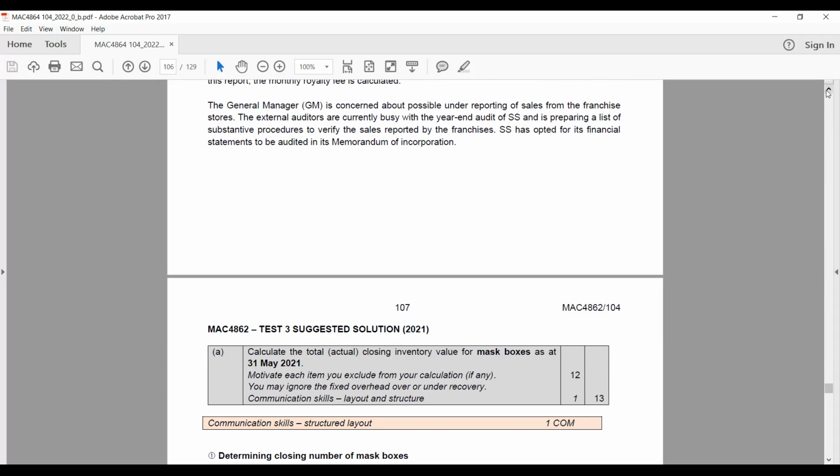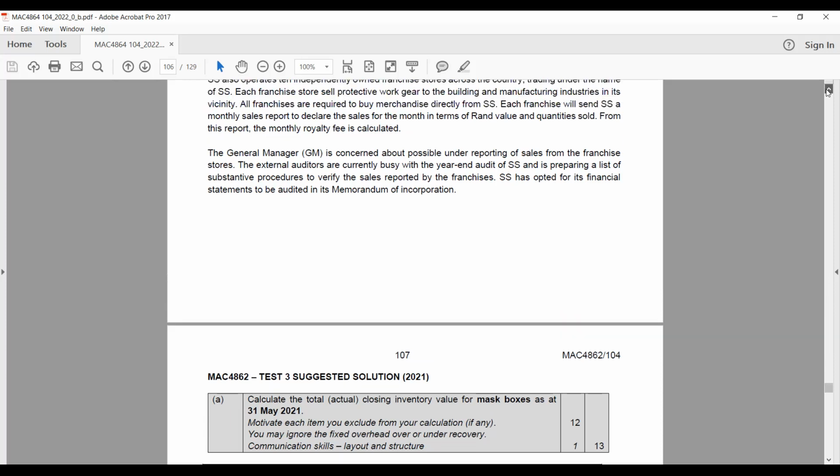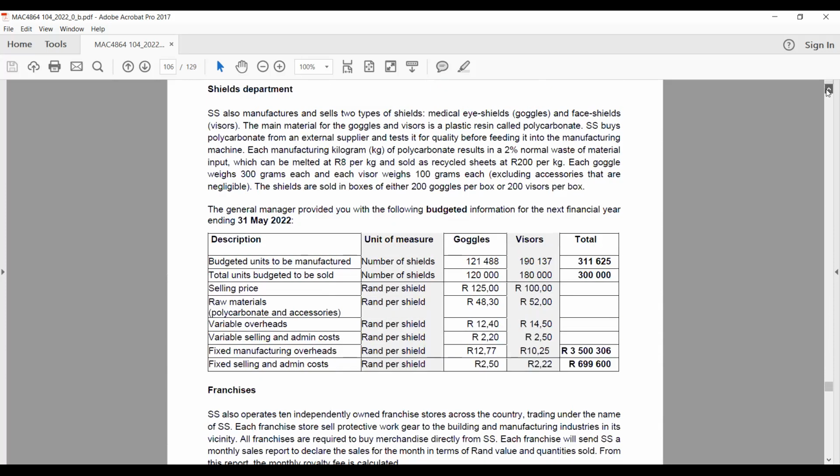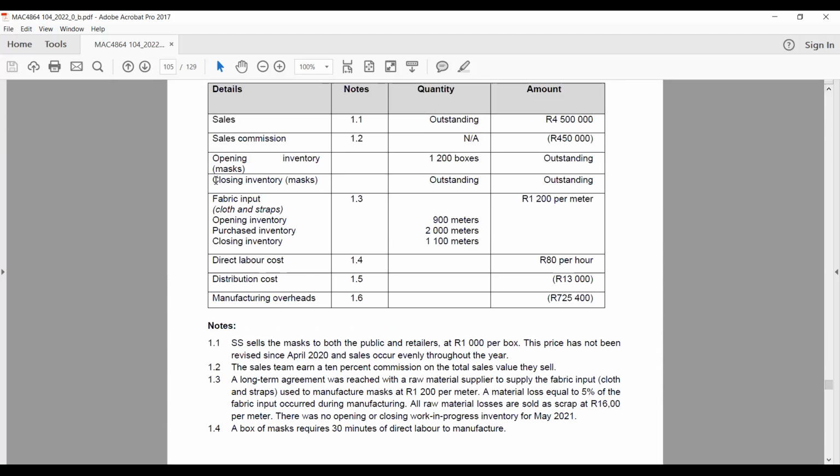So we must motivate for each item we exclude, and we can ignore fixed overhead over or under recovery. They say calculate the actual closing inventory value for mask boxes as at 31 May 2021. Here you can see closing inventory for mask boxes, quantity and amount is outstanding.